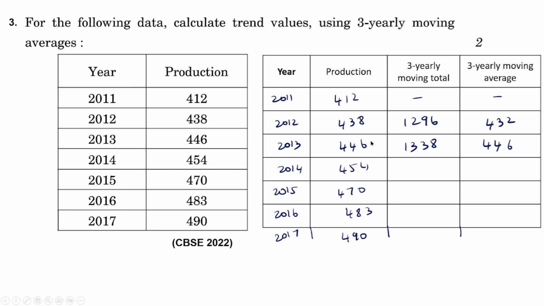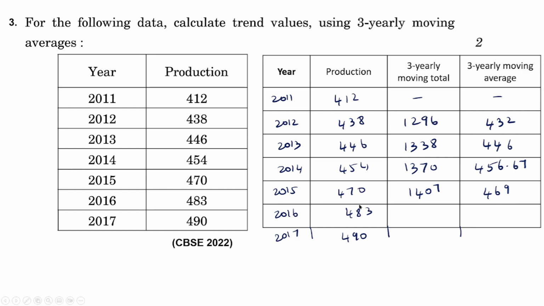And next we have 446, 454, 470, the sum of these three is 1370, divided by 3 is 456.67. And next for 2015, it is 454 plus 470 plus 483. The sum is 1407, divided by 3 is 469.